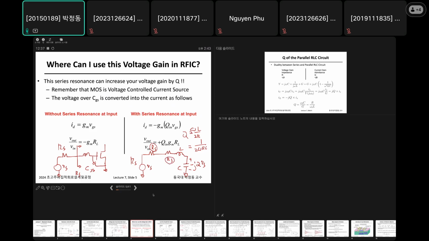So what you get at this Vin is -jQVs. So ID is something like this: gm multiplied by Q times Vs, that is Q in VGS. Therefore, you get this amount of improvement in terms of voltage.